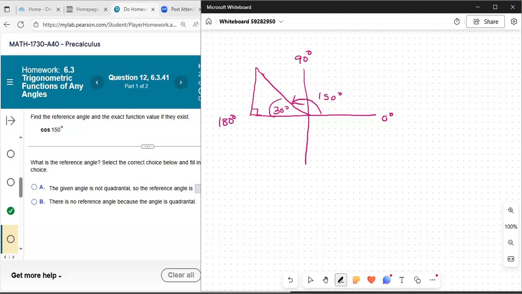So now we have our reference triangle. And it's a 30, 60, 90. So the ratio of the sides are 1, square root of 3, 2. The x is negative. So we have negative square root of 3, comma 1 for a point on the terminal side. And so what is the reference angle?